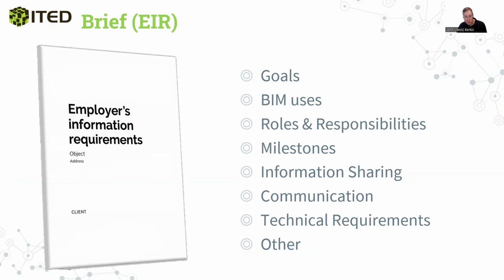They cannot be condensed into a single page, as they include a broad range of critical elements, such as the goals, the intended uses of the model, roles and responsibilities, both on the client side and the supplier's side, project milestones, how information will be shared, communication procedures, technical requirements, and some additional project-specific needs. So these requirements, when they're created, are typically integrated into the design brief and also into the contract.